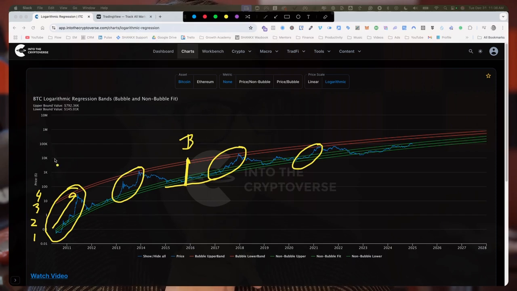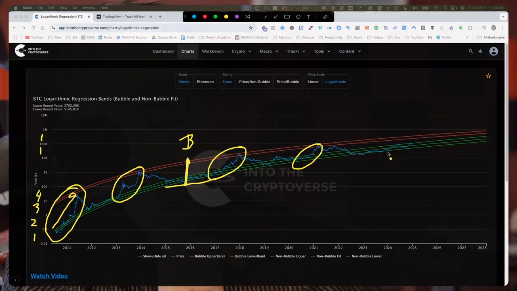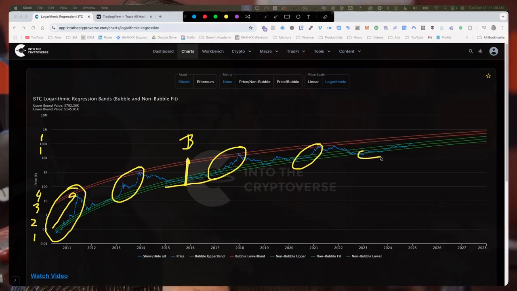But here, you go from 10K to 100K in one band. Here you go from 100K to 1 million in one band. Okay. So we are currently, if you look at this part here, it's moving up, right? So that is a bull run.